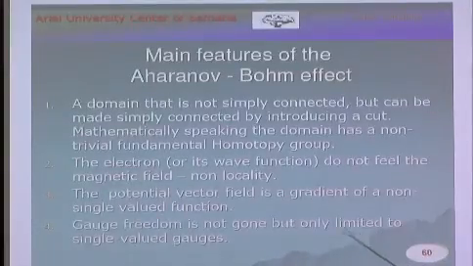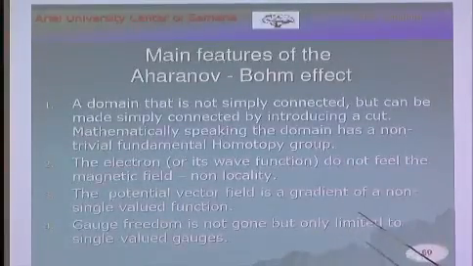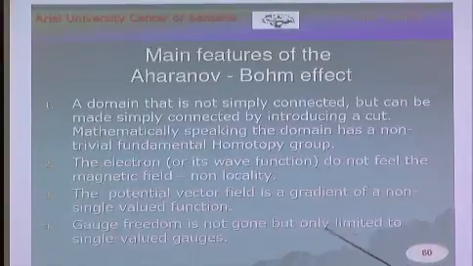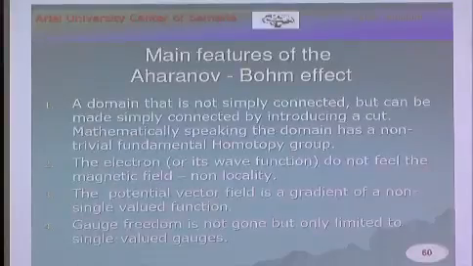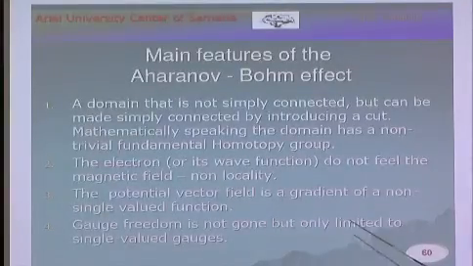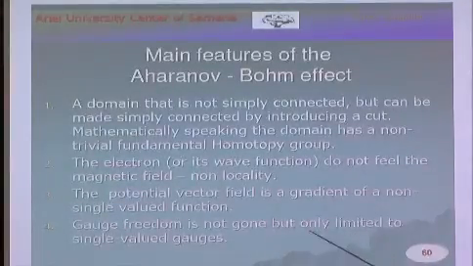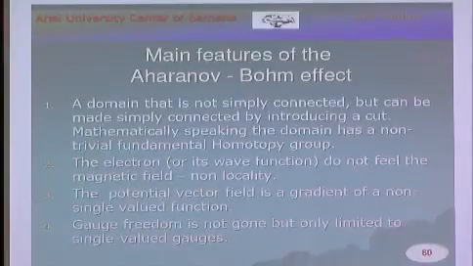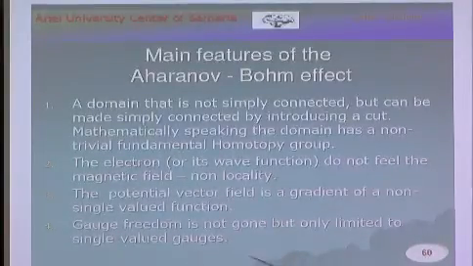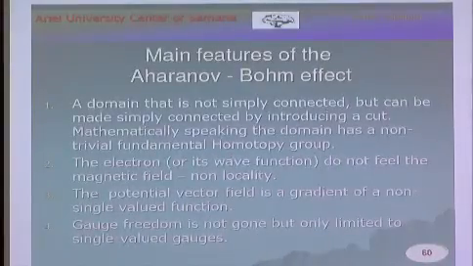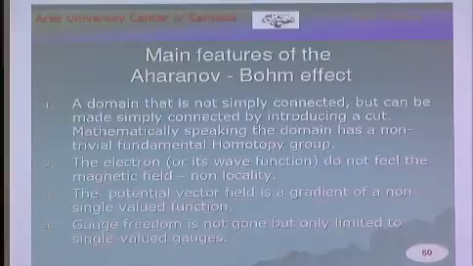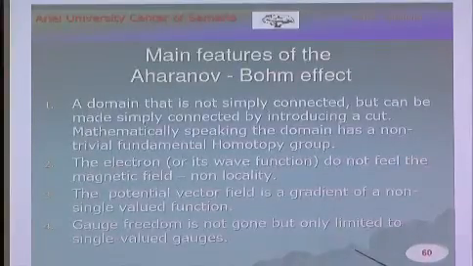The electron, or its wave function, does not feel the magnetic field. So this is a non-local effect, non-locality. The vector potential is a gradient of a non-single-valued function. And of course, gauge freedom is not gone, but you have to be careful to use only single-valued gauges, otherwise you change the physics of the problem.